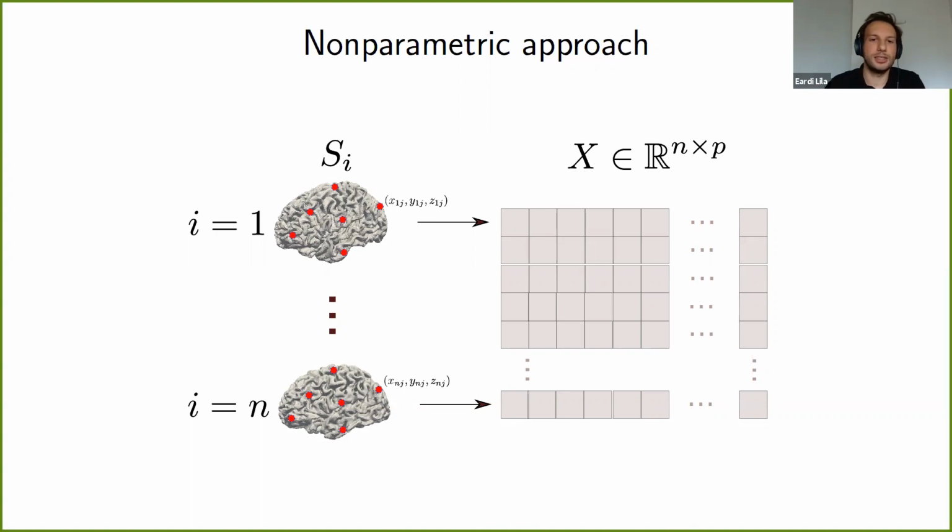Then what you can do, for instance, is that if you take for every landmark, suppose this is landmark 1, the space coordinate of that landmark for subject 1, and you put them in a data matrix and fill the first 3 columns, and do the same for the same landmark for the other subjects and fill the first 3 columns of the other rows, then we've solved one of the problems, which is that this data matrix offers a better description, basically almost a non-parametric description of the geometry of the brain here, right? In terms of a very dense set of landmarks.